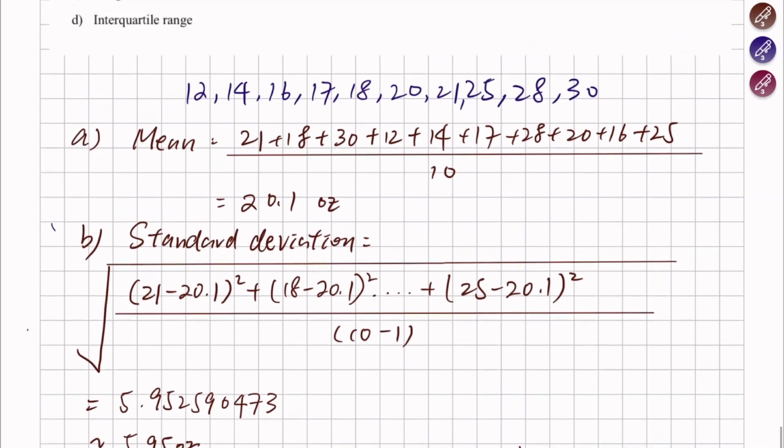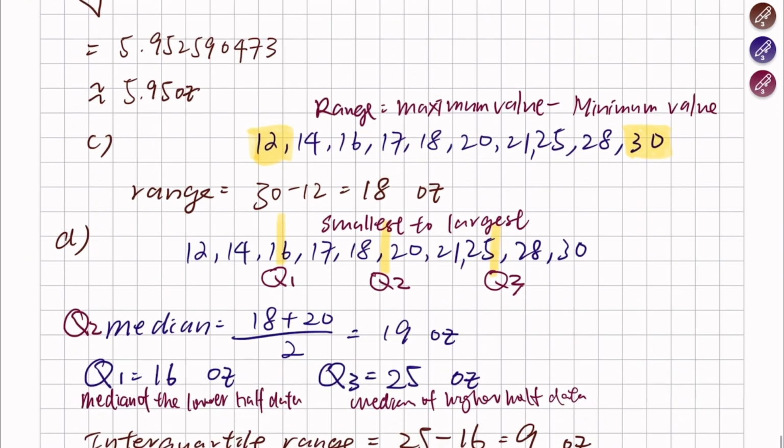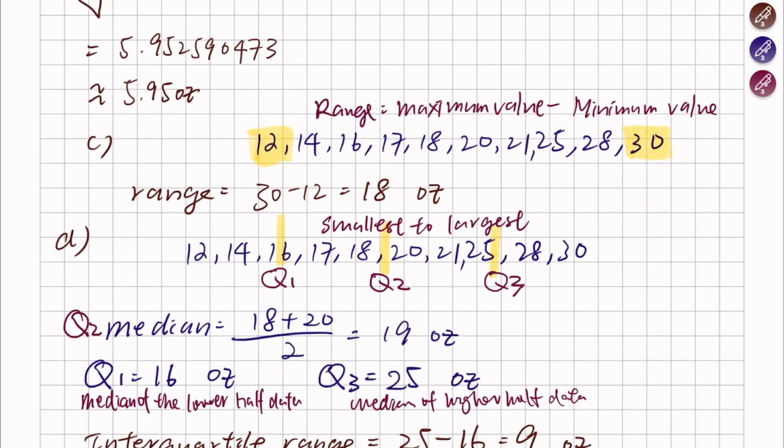And the last part is to find the interquartile range. How to find the interquartile range? First, we need to find the median. The median is 18 plus 20 divided by 2, and the answer is 19 ounce. Also, you need to find Q1, which is the median of the lower half of the data, which is 16 ounce.